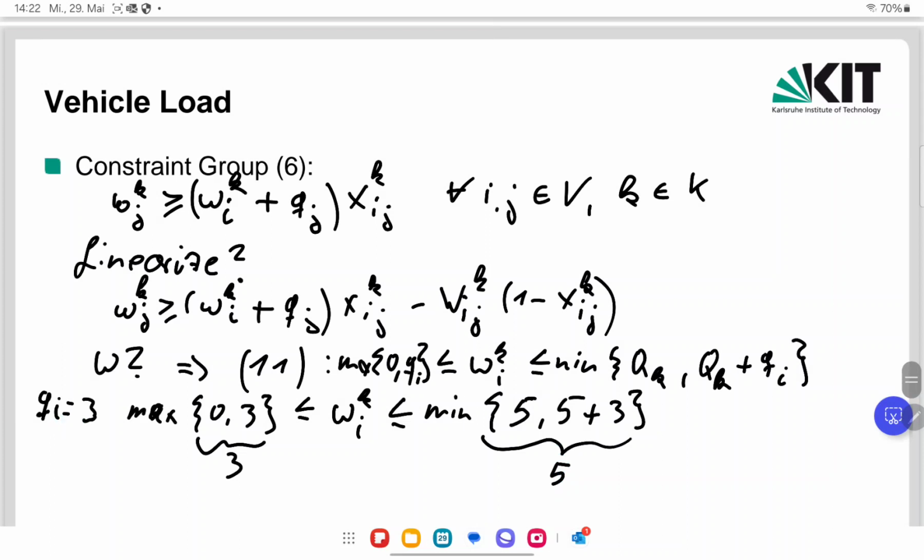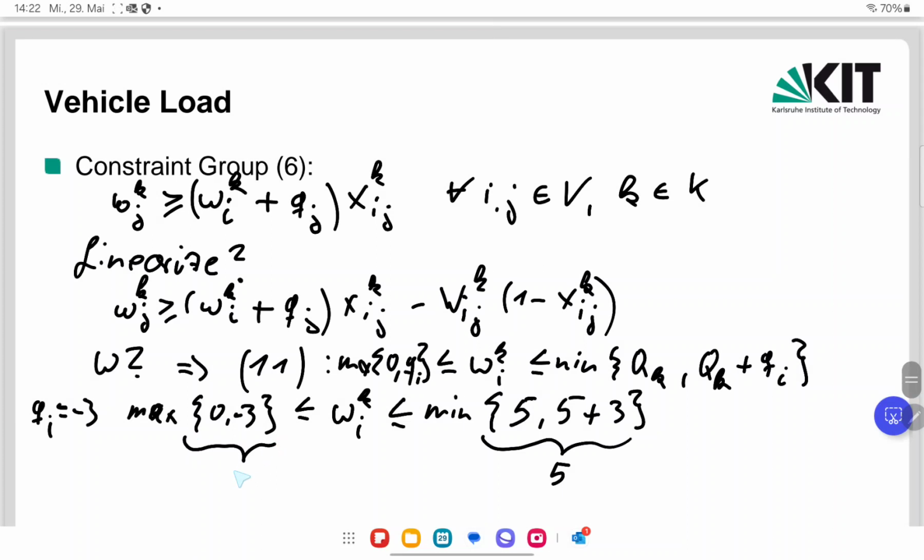The other way around, if Q_I is a delivery node, and we drop off 3 patients at node I, then we would have a minus.